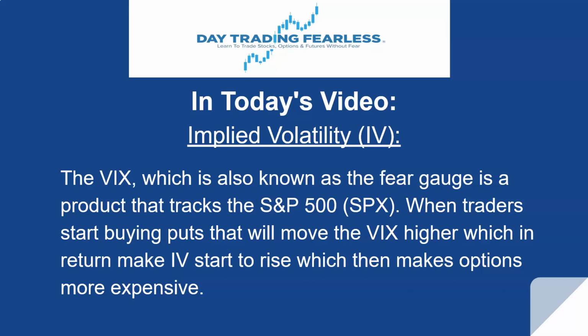And that's how implied volatility really vibrates throughout the whole market, because if you're a market maker and you just see the VIX start to rise, meaning, hey, there's a lot of puts, somebody knows something potentially, then they're going to start to raise the implied volatility because the VIX is starting to rise. So I hope that makes sense.